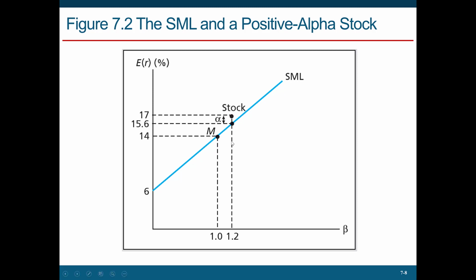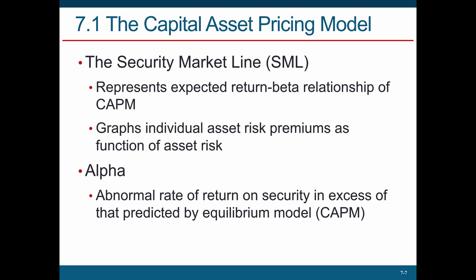So negative alpha implies overpricing, and you don't want to buy that security. If you hold that security, you want to sell it, right? So that's the importance of alpha, that you are basically looking at risk adjusted performance and then trying to outperform the market or the benchmark on a risk adjusted basis.